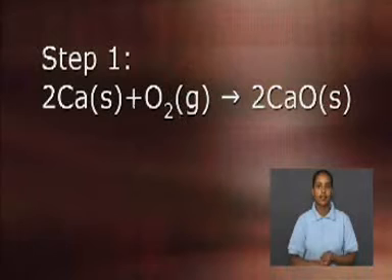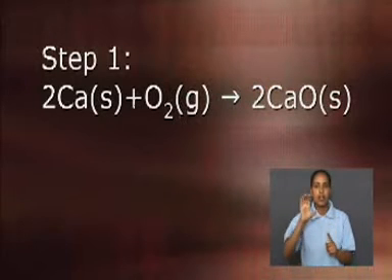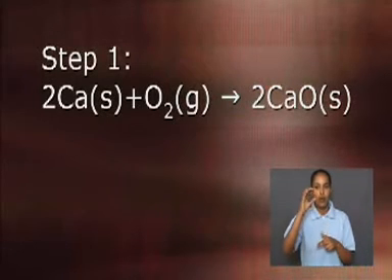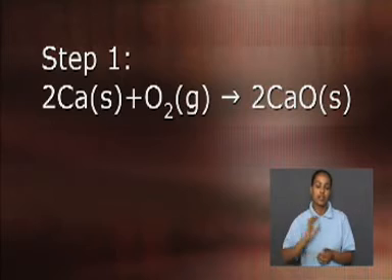Hello again, everyone. Were you able to write balanced chemical equations for each step of the reactions of calcium? The 3 steps look like this. In step 1, calcium reacts with oxygen to form calcium oxide.